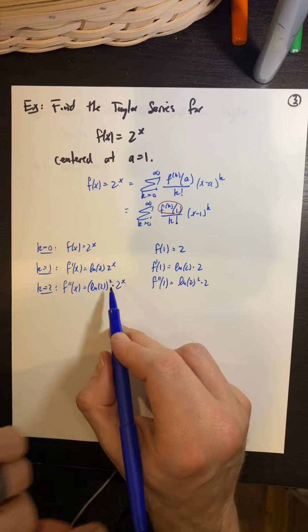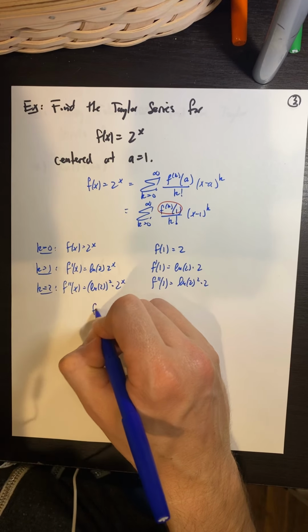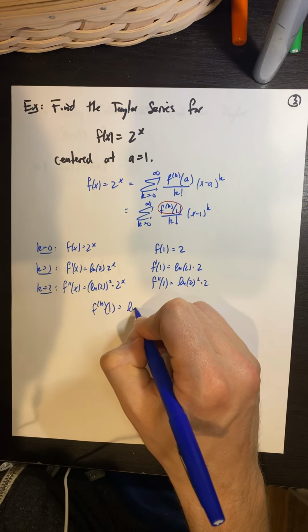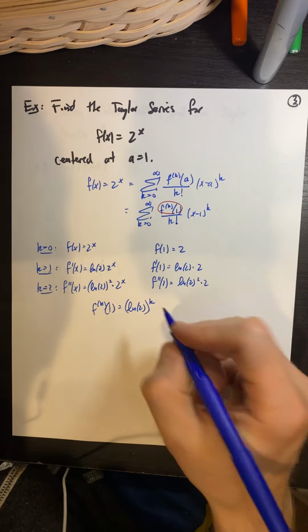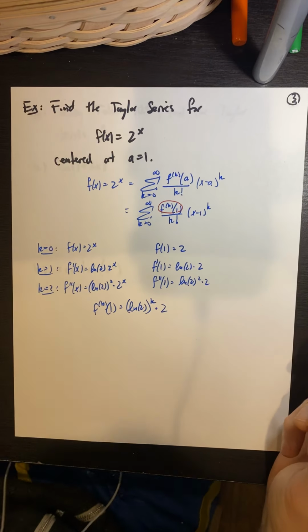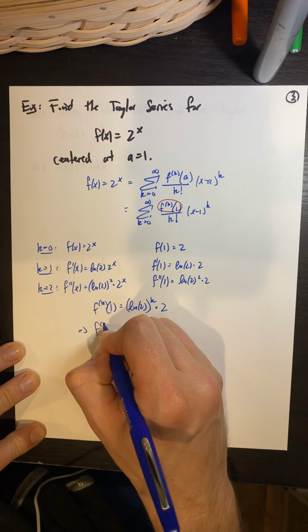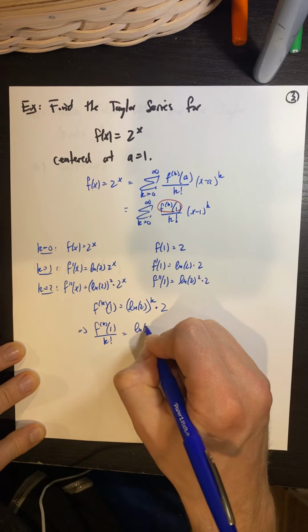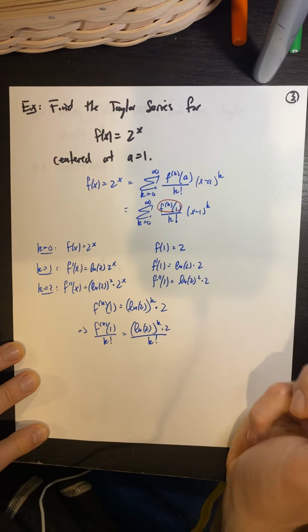So this one's not as bad. I know that every time I do the derivative, an ln of 2 is going to pop out. So we might be able to deduce that the kth derivative at 1 is simply going to be ln of 2 raised to the k power, and then that times 2. Which means the kth derivative at 1 divided by k factorial is simply going to be ln of 2 to the k times 2 all over k factorial.